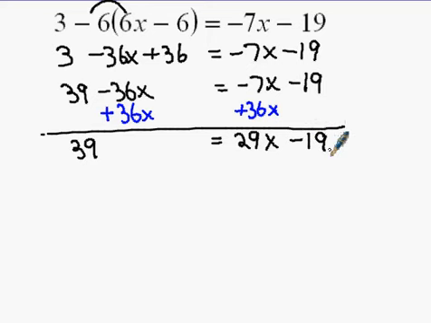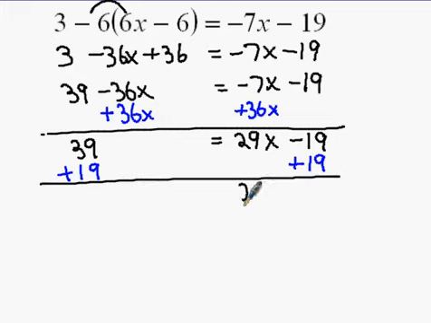We have all the x's on the right side, so let's get the non-x's on the left by adding 19. 29x equals 58. And then 58 divided by 29 gives you an x equal to 2.